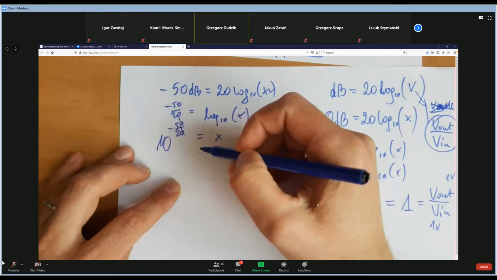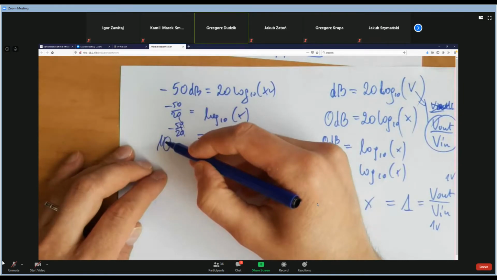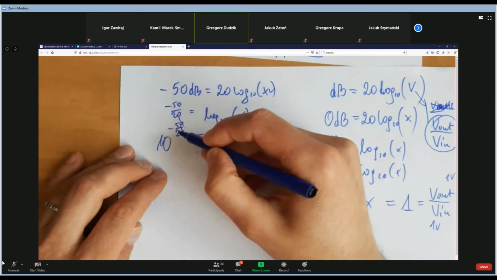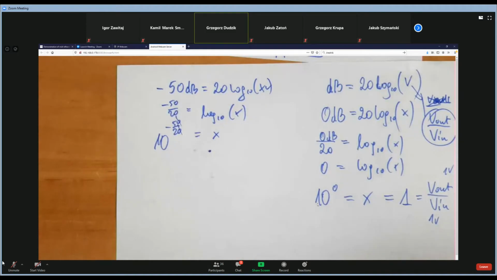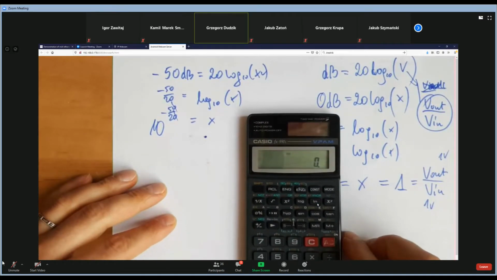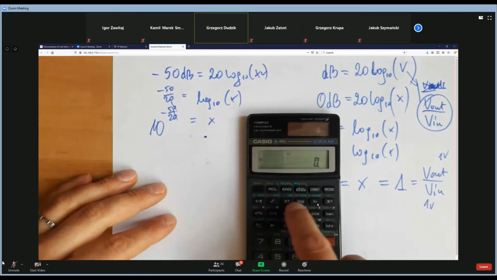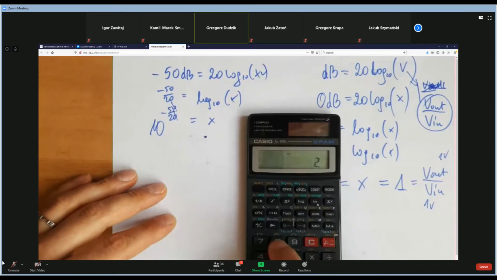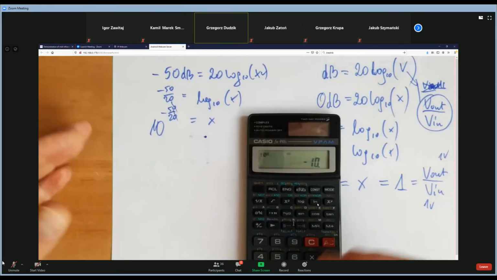The zeros can be reduced, so this is 10 powered to minus 5 over 2. Okay, I will just take the calculator. Okay, I got it.